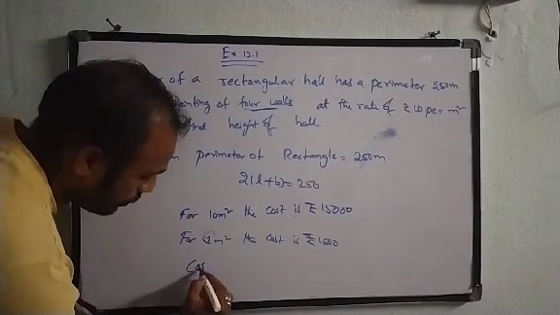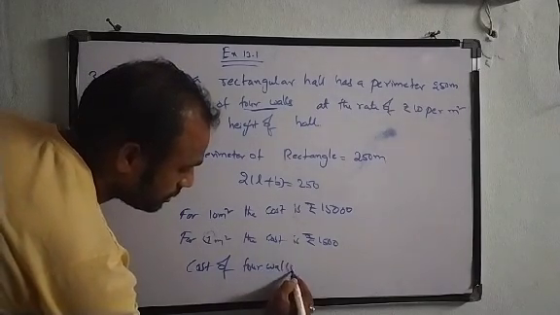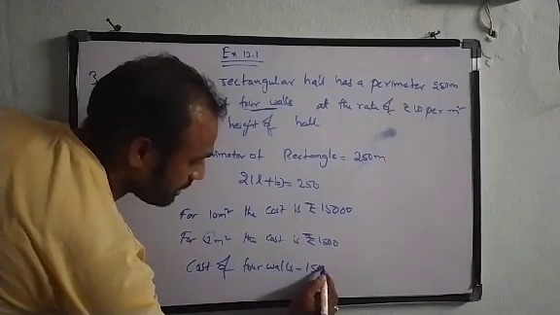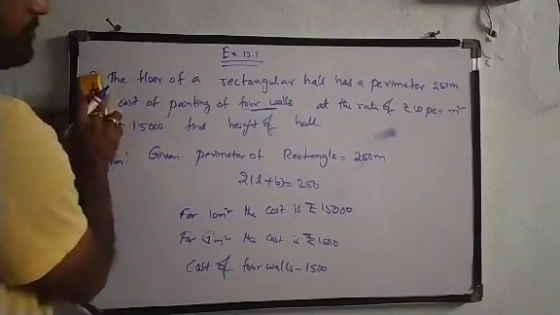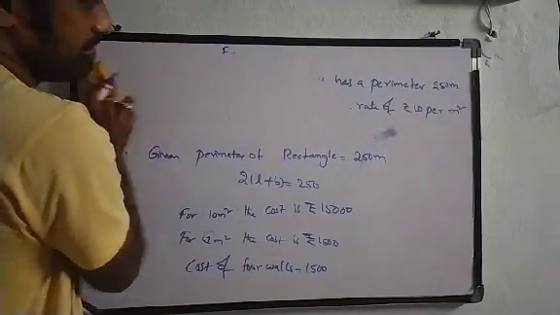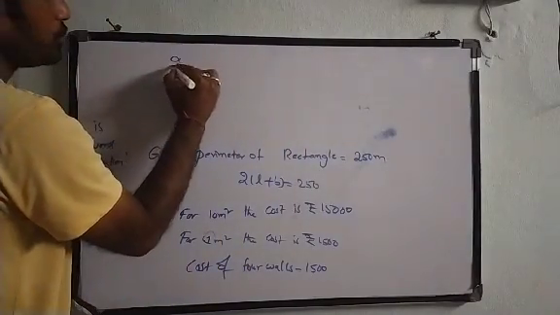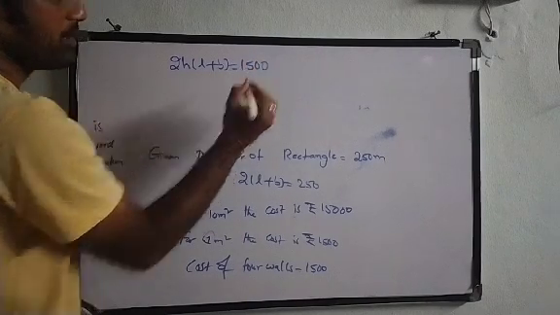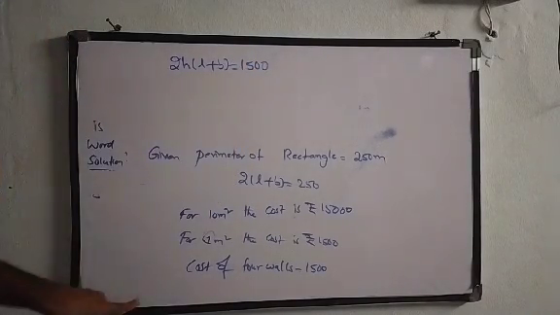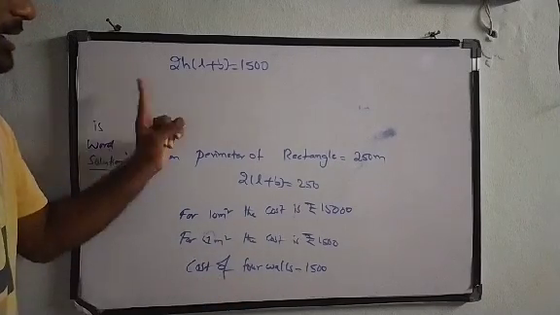So the cost of 4 walls is 1500. But we know that the area of the 4 walls formula is 2h into (L plus B) is equal to 1500.